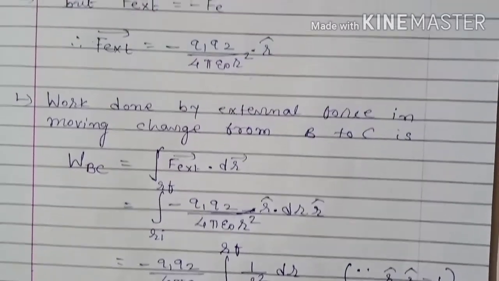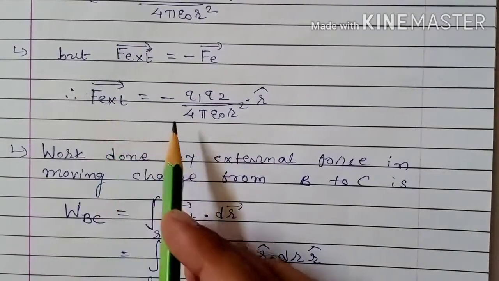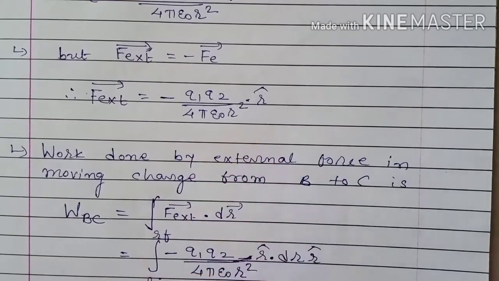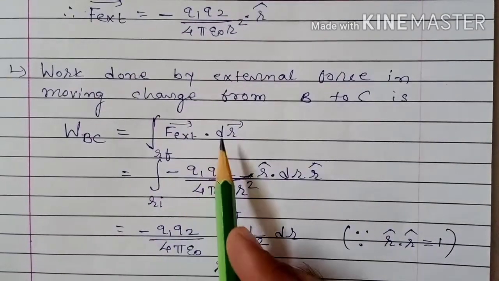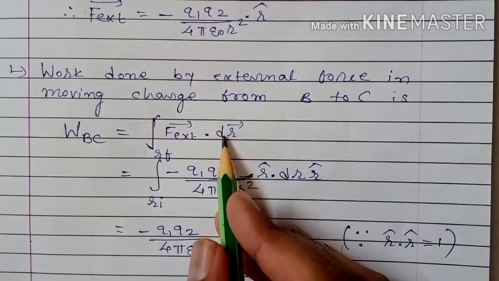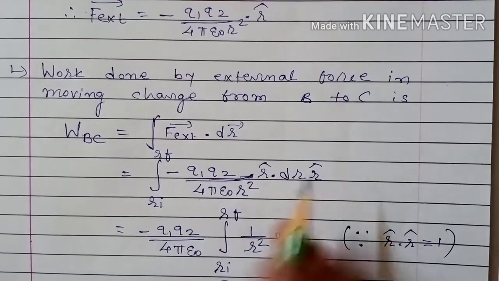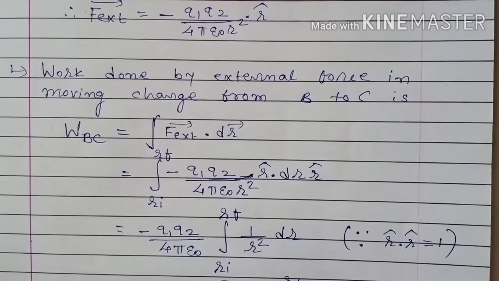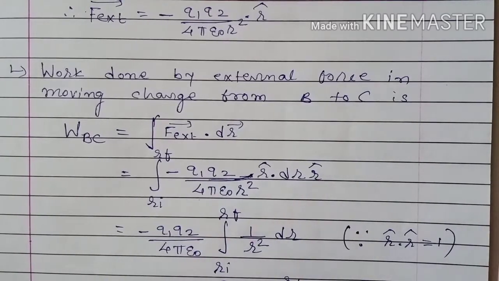Already we found value of F external vector, that is minus Q1 Q2 upon 4 pi epsilon naught R square into R cap into dr vector. Dr vector is nothing but magnitude of dr into unit vector, that is R cap. Displacement is also in the radial direction, therefore I have taken R cap.